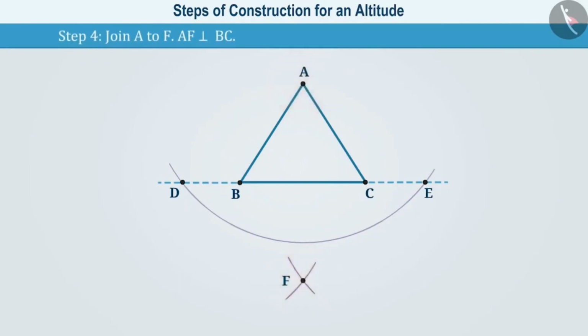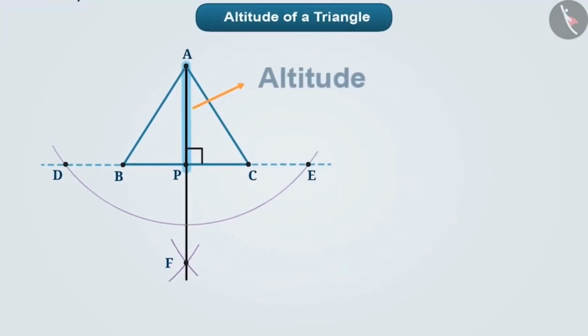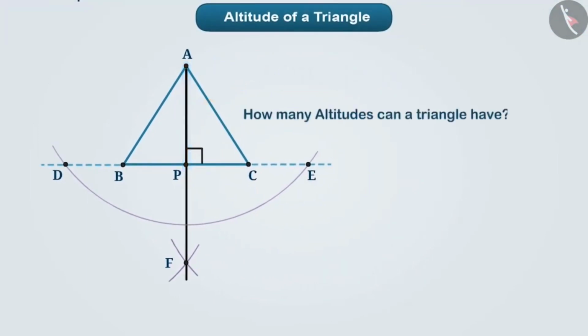Step 4. Now we will connect A to the point of intersection F. AF is perpendicular to BC. Suppose line segment AF intersects BC at point P. The new line segment AP is the altitude from vertex A to opposite side BC. Just imagine how many altitudes a triangle can have.